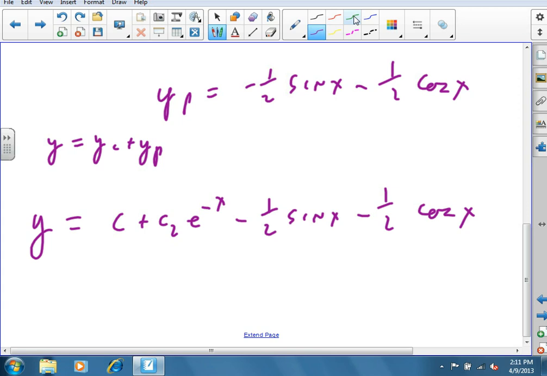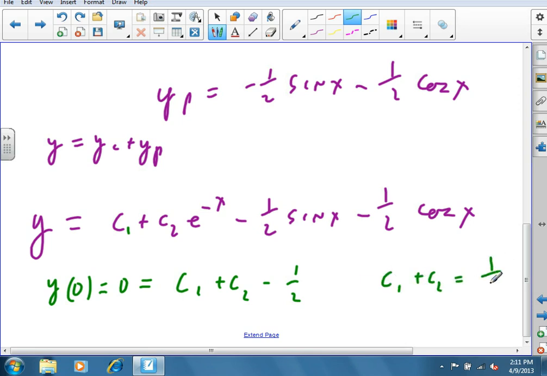Okay, we have initial conditions, so now we're going to have to solve for them. So y at 0 is 0, which is going to be c1 plus c2, that guy's 0, minus a half. So I got c1 plus c2 is equal to 1/2.